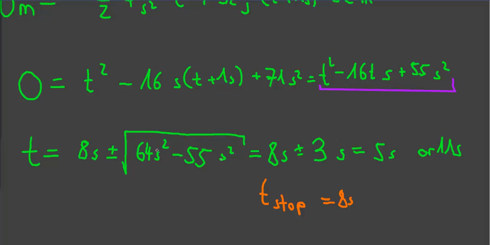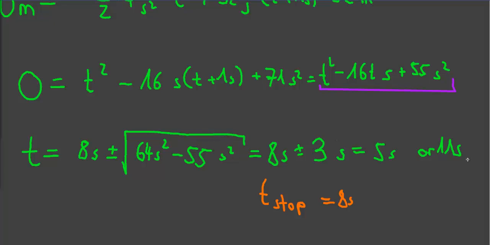But don't worry, I chose the values so that this equation actually works. So 64 minus 55 is actually 9. So 9 seconds squared, the square root of that is just 3 seconds. So 8 seconds plus or minus 3 seconds, which is 5 seconds or 11 seconds.